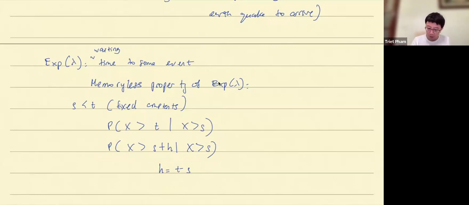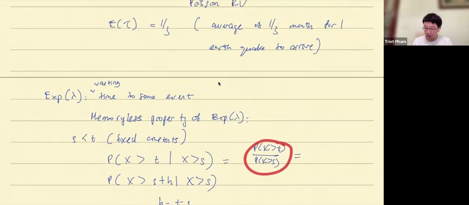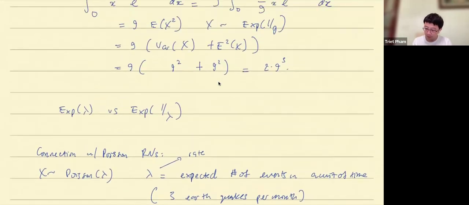So anyway, right, what is it? Well, it's going to be the probability of X bigger than t over the probability of X bigger than s, right? By the conditioning formula. And, well, this is just the complement of the CDF, right?